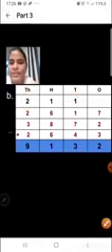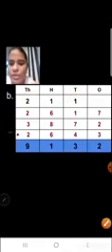And number 1, you have to write it down in hundreds place. Then in thousands place, we have 2 plus 2 plus 3 plus 2, which is equal to 9. So our final answer is 9132.